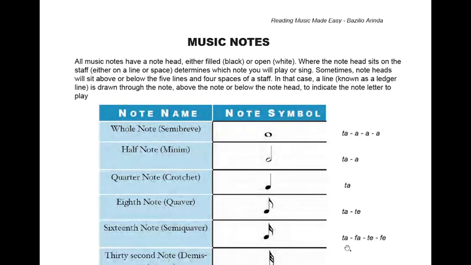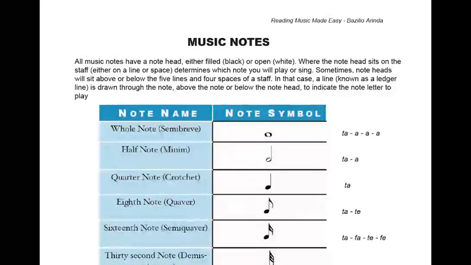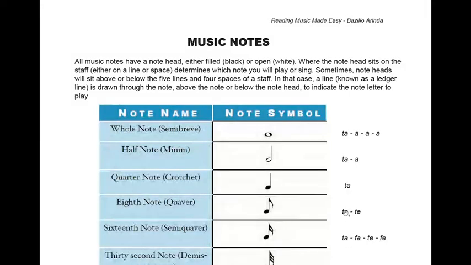So when you say tafatefe, you have pronounced 4 quavers. Instead of saying ta, we are saying tafatefe. 1, 2, 3, 4. I hope this is clear and we understand well.